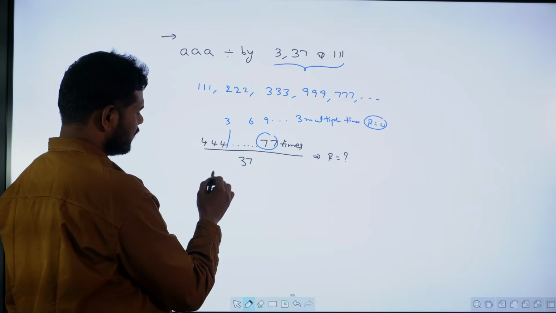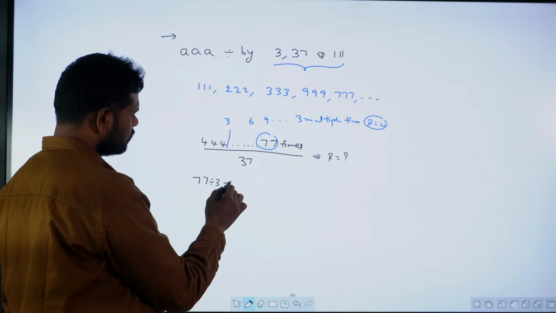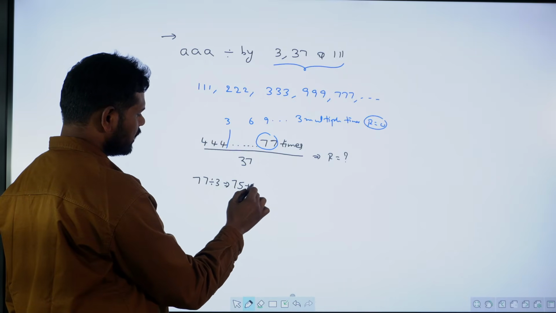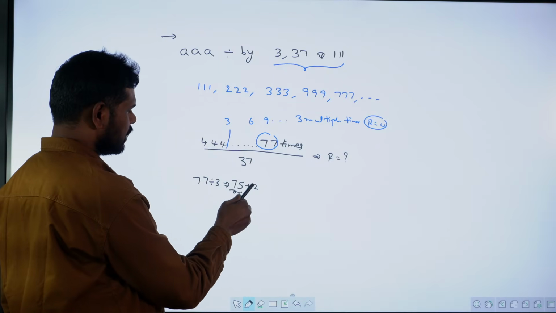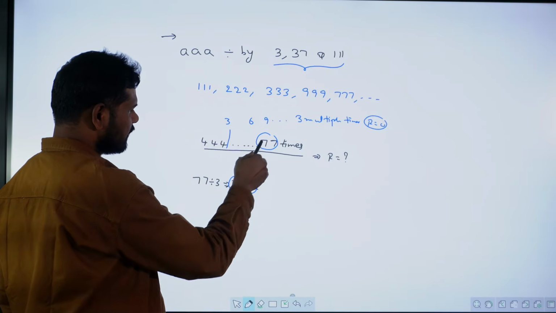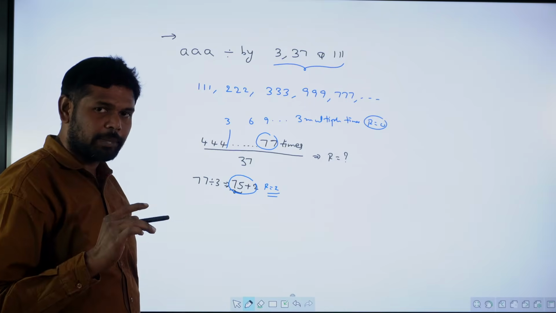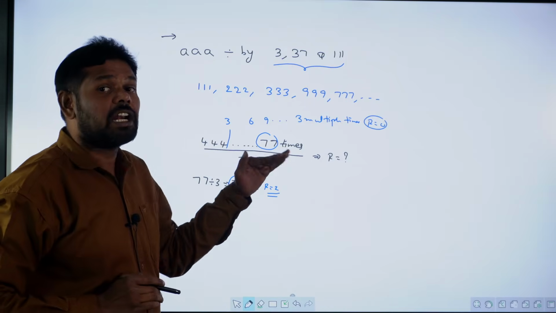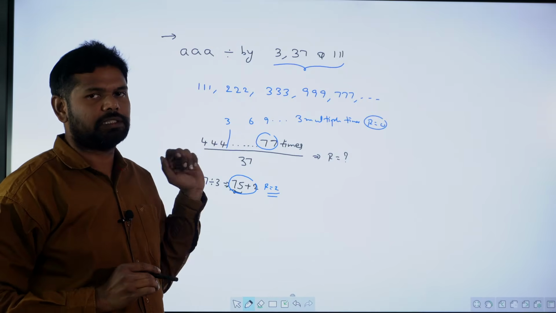So 77 divided by 3 means up to 75 it is divisible by 3. 75 plus 2; if you divide 77 by 3, the remainder is 2. So 2 fours are remaining in that number after the division by 37.